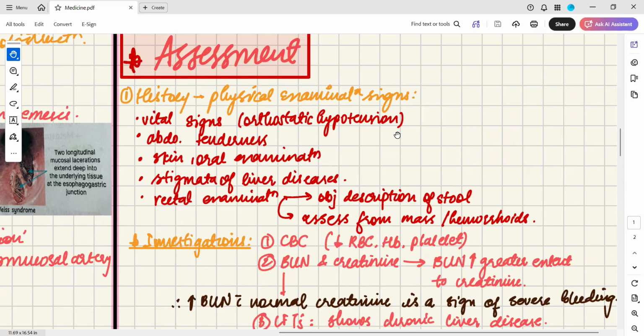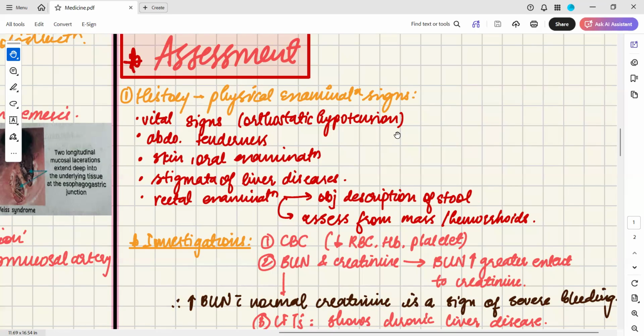Abdominal tenderness, skin and oral examination, and stigmata of liver disease. We also do a rectal examination, with objective description of stool, and assess if there is any mass or hemorrhoids in the rectal area.